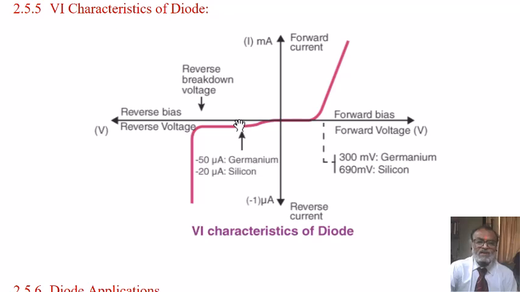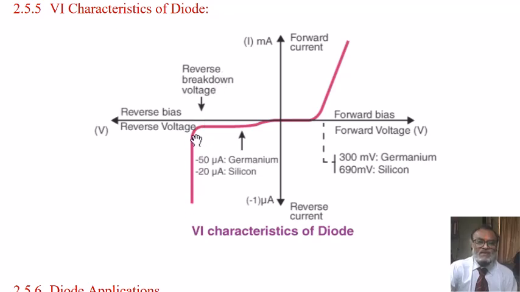Whenever the anode to cathode voltage, that is the reverse voltage, exceeds the breakdown voltage of the diode, it starts conducting heavily due to either Zener breakdown or avalanche breakdown. Suddenly a large current flows through the diode, and the voltage across the diode remains at the reverse breakdown voltage.